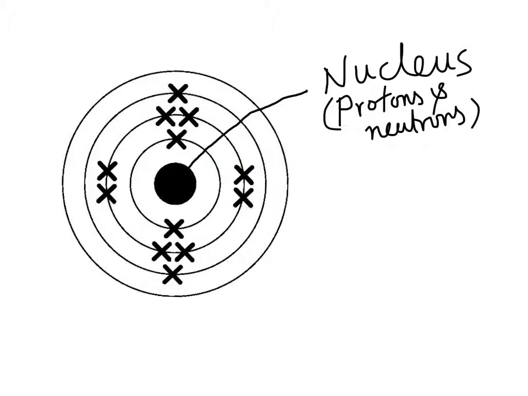It's also important to recognize that the electrons are found on these shells going around the nucleus. Next we're going to be looking into the charges, but before that let's label these two parts as well: shells, and what you see here is an electron.